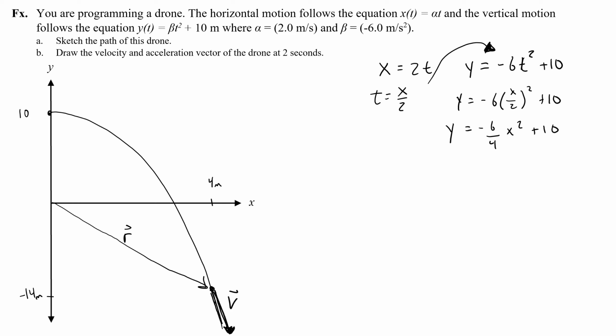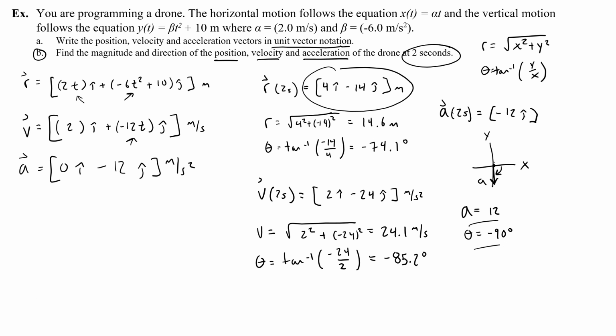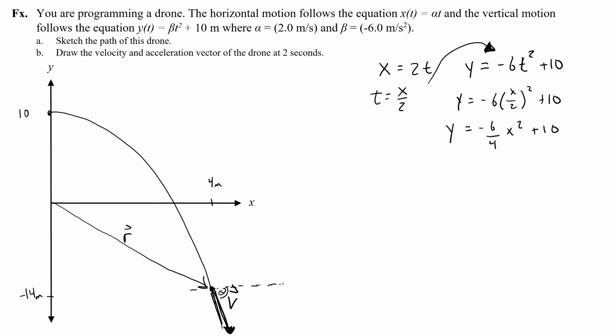So that would be the velocity. And the angle that it makes with the x-axis right here should be, if we look, about negative 74 degrees, which means that it's going clockwise from positive x, and that is approximately what we have here, negative 74.1 degrees. For the acceleration vector, it just points straight down. So we would say that the acceleration vector is pointing straight down.